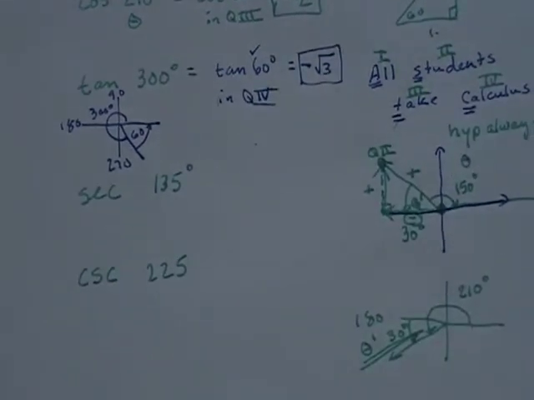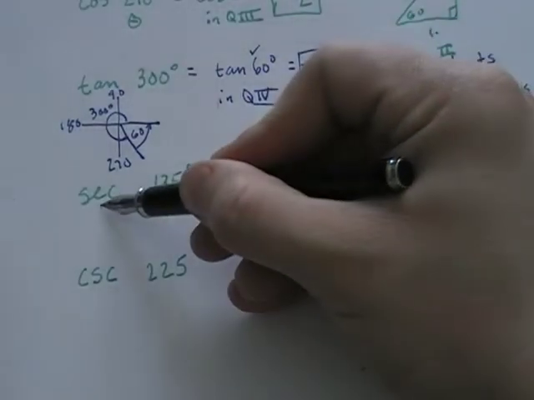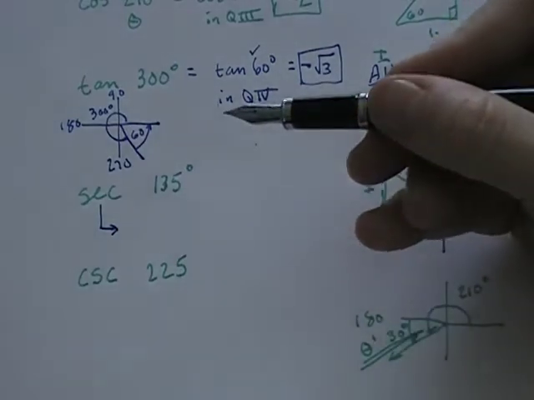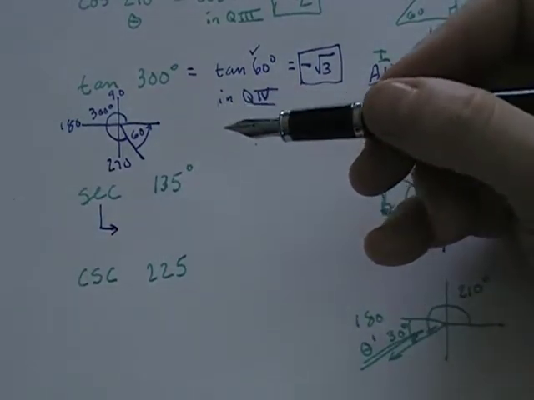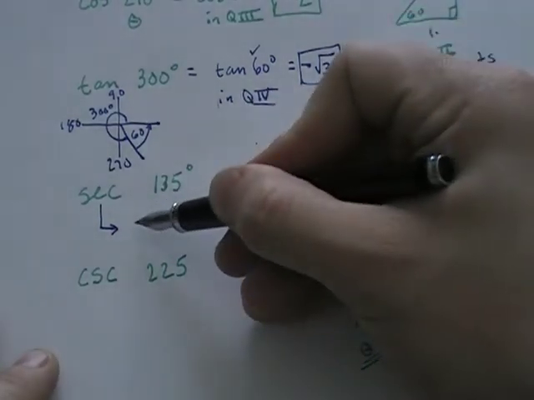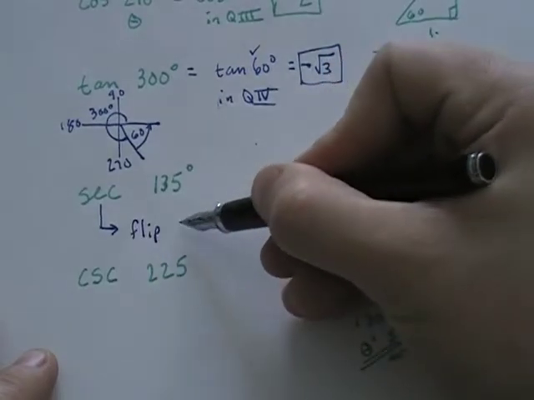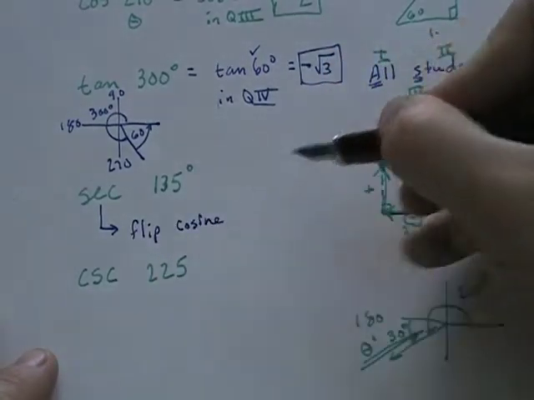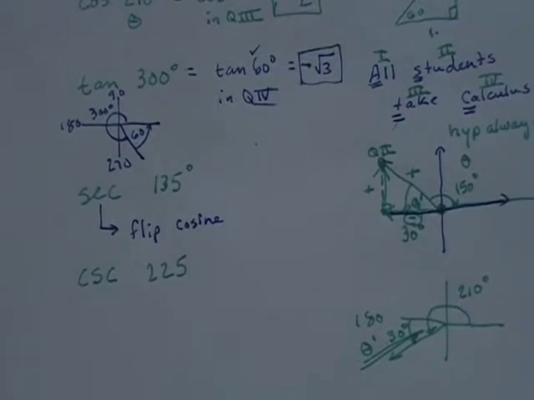Secant. Secant. Oh boy. When I see secant, my classes know to recite certain things. They just, when I say a word, they'll just blurt it out. Okay? When I see secant, I tell people to say flip cosine. Flip cosine.